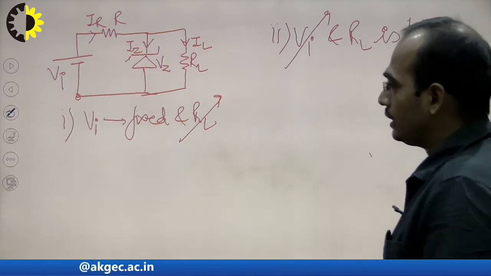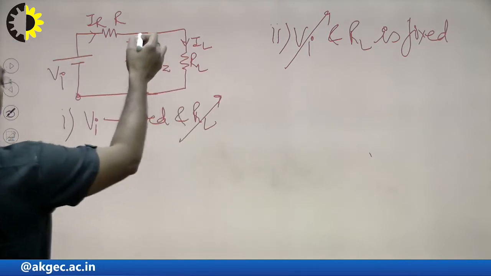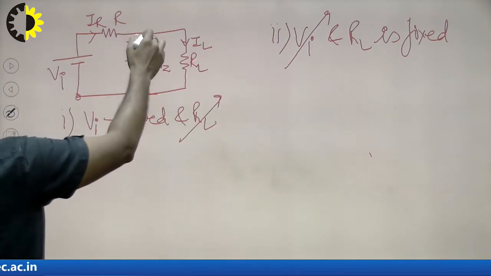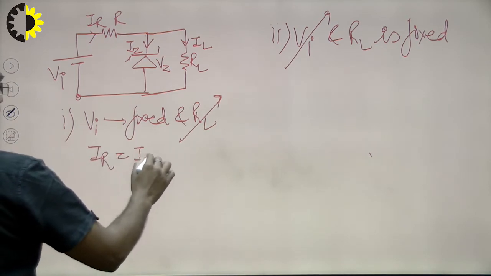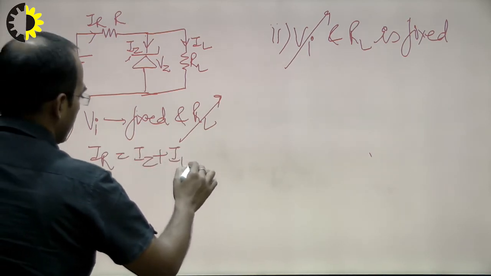So, if I apply the KCL at this node, we will get IR is equal to IZ plus IL.